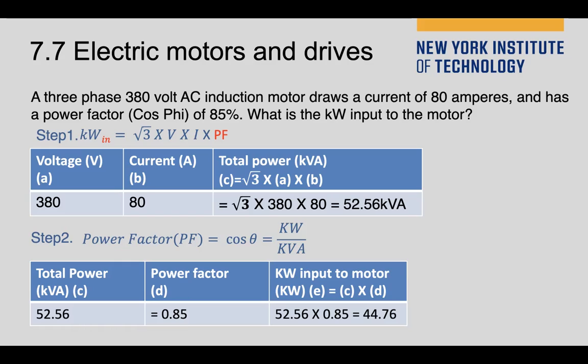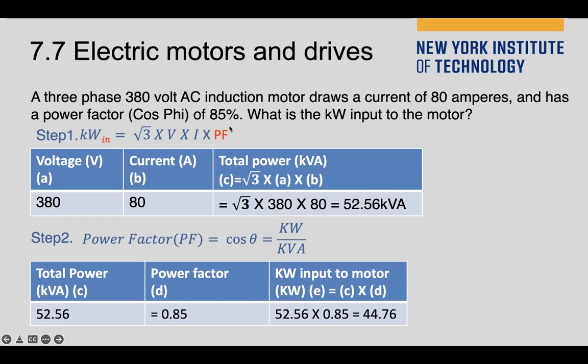So we put all the numbers inside, and we also know this is the total power. But now we need to know the real power input to the motor. That is the real power, not the apparent power, not the total power.